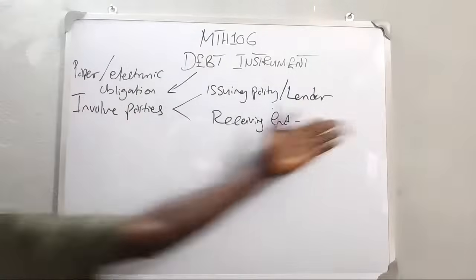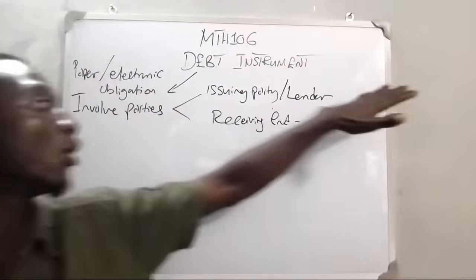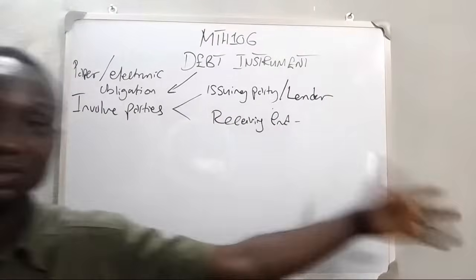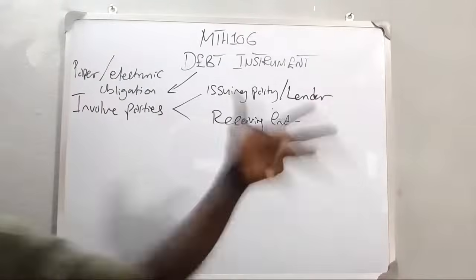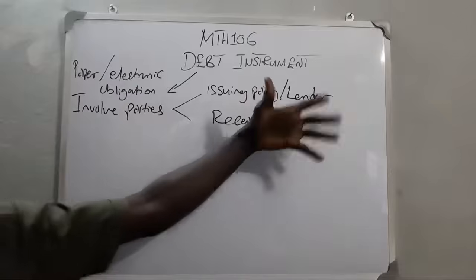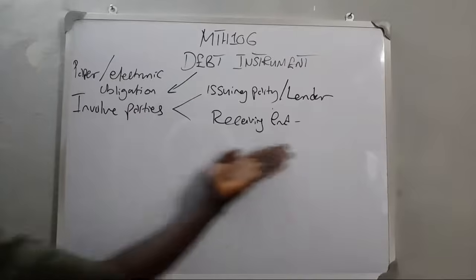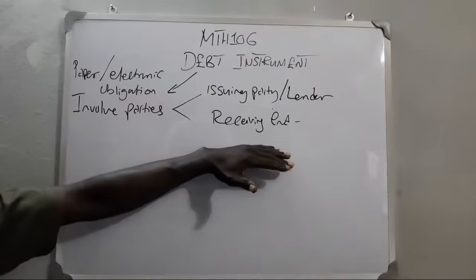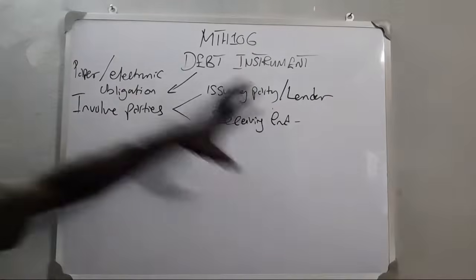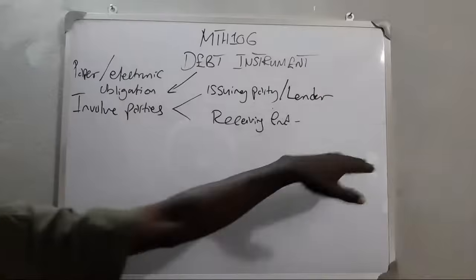If this person has given the principal of 50,000 naira, he says, I want to raise money with this 50,000 naira, so I'm putting interest of 10,000 naira in the next 1 year, or interest of 20,000 naira in the next 2 years. On the receiving end, this person comes and gets it. The document or the obligation used to ensure this transaction is what we now refer to as the debt instrument.